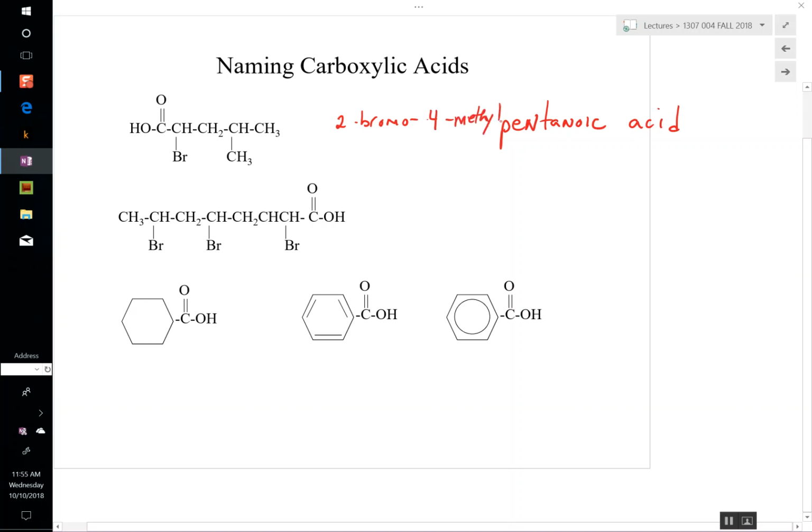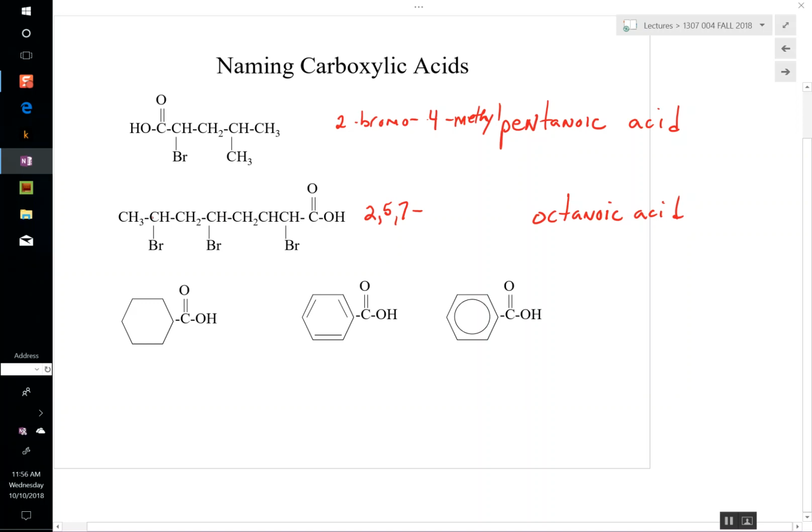All right. I'm going to skip over the next one. What's the longest chain on the next one? So 8, so it's octanoic acid, and then you just have to put all those bromos. Now we're going to put all the bromos together, aren't we? What are the numbers? 2, 5, 7.